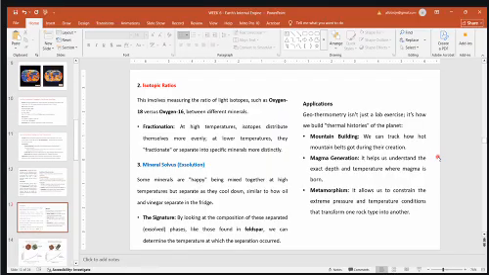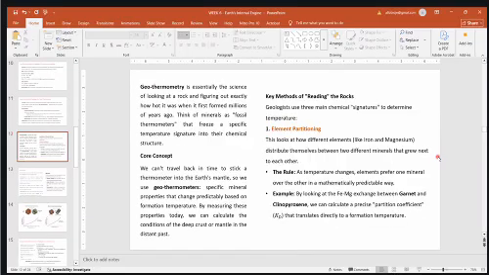So now, geothermometry is essentially the science of looking at a rock and figuring out exactly how hot it was when it first formed millions of years ago. Think of a mineral as a fossil thermometer, because it gives us information about the temperature.